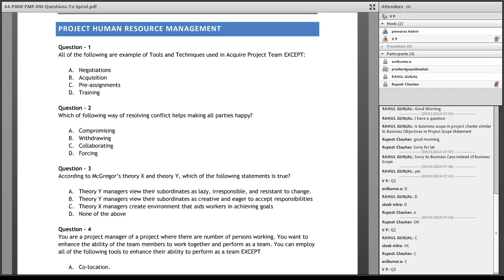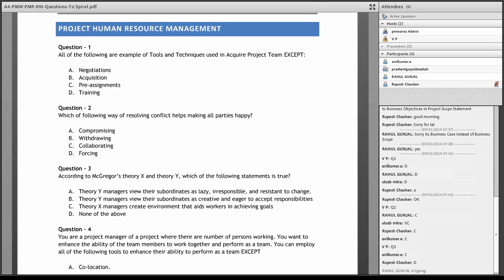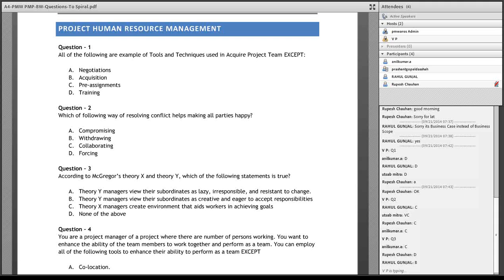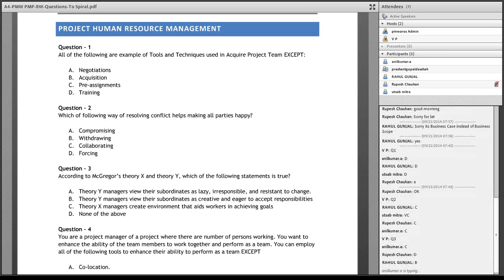What about question number 3? Question number 3, B and D.